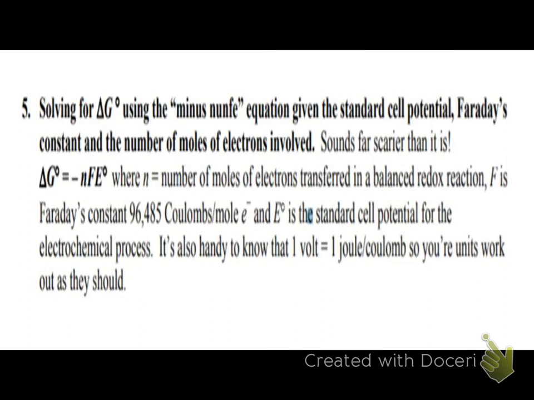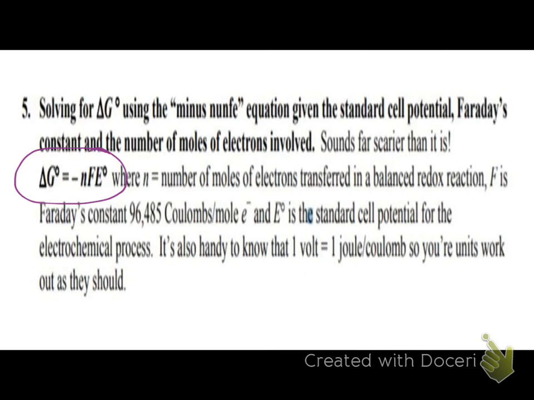There's one more equation, because it's fun to do all these equations. Delta G is equal to minus n F E naught, which we have not learned, E naught. That's electrochemistry, but we have to bring it into play here because there's some overlap. N is your number of moles of electrons.